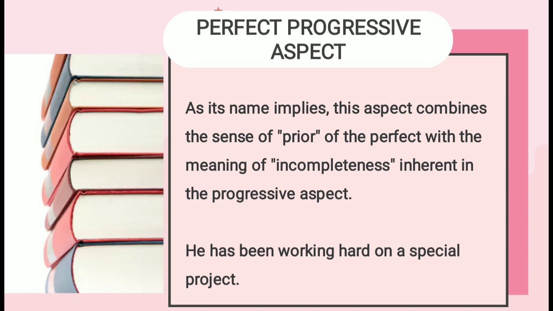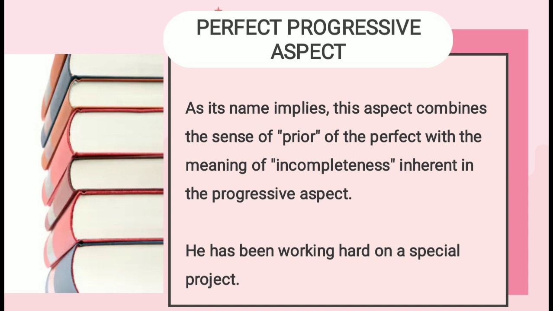So for example, he has been working hard on a special project. So we understand that the event being reported here began prior to now, and that his hard work is limited. That is, it will not continue indefinitely.